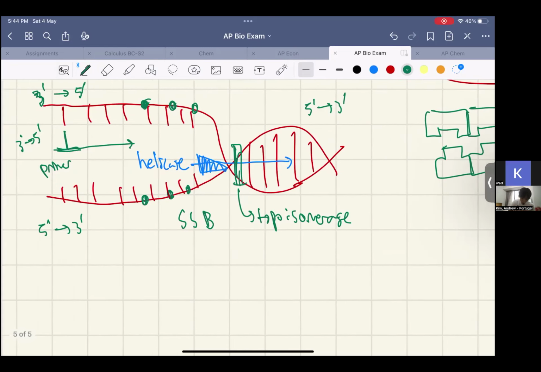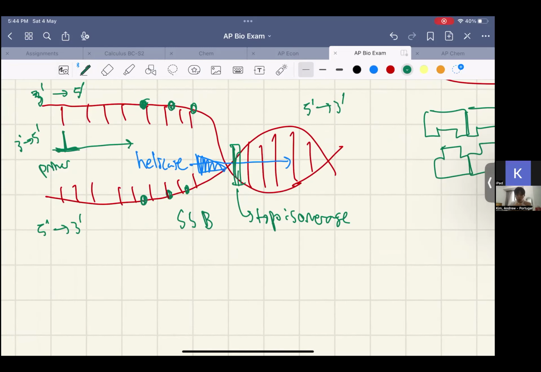Similar to that, all primers make this additional strand in 5' to 3' direction. That is why this base strand has to be 3' to 5' direction. Do you get what I'm talking about? That is why always DNA primers stick to the 3' direction.